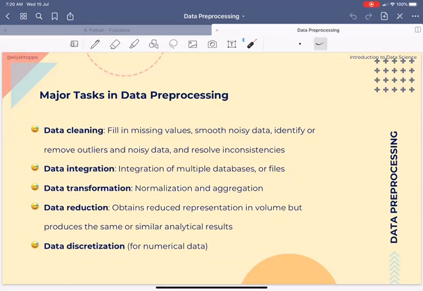Then we have to deal with data reduction. You have to obtain a reduced representation in volume, but produce the same or similar analytical results. Many of the times, it depends from case to case, your data is so huge that you cannot do your analysis on it.